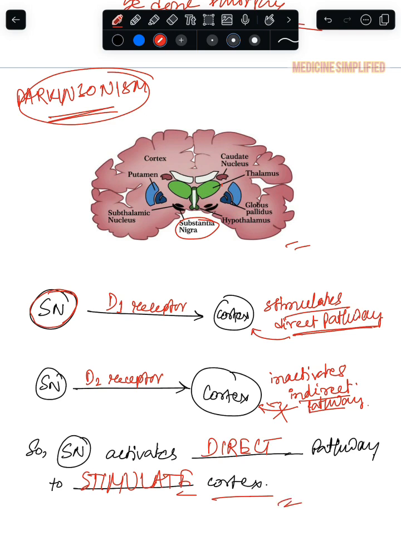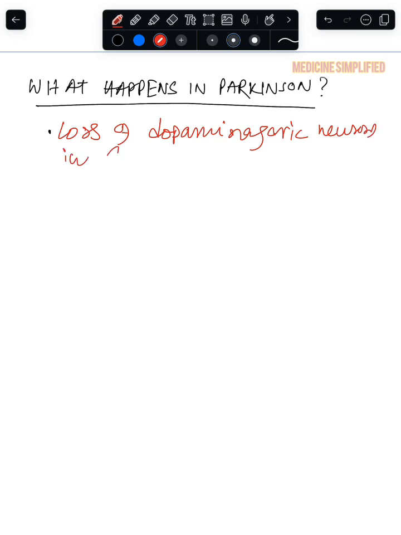It is very simple. What finally happens in Parkinson's? The main pathology in Parkinson's is that there will be loss of dopaminergic neurons in the substantia nigra. So there will be no one to activate the cortex.